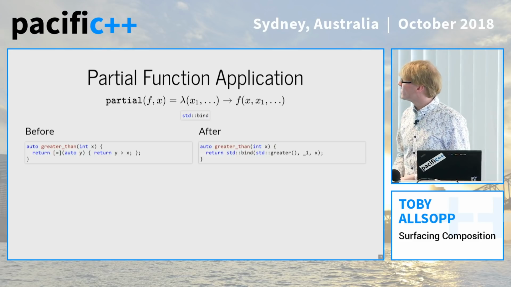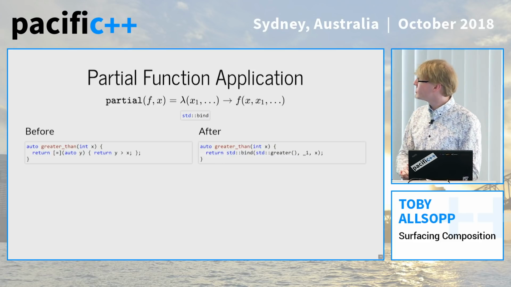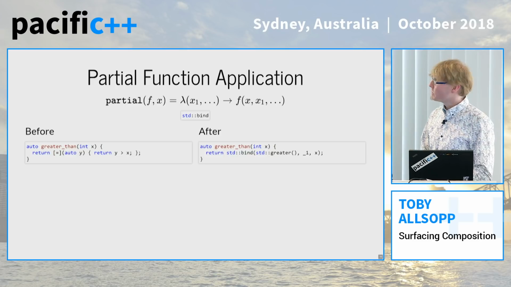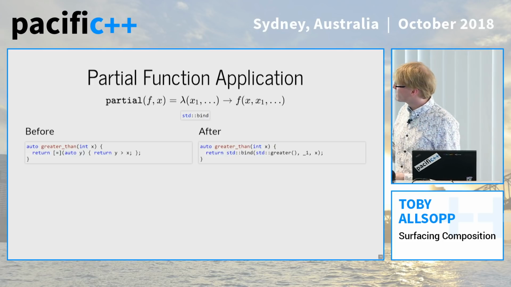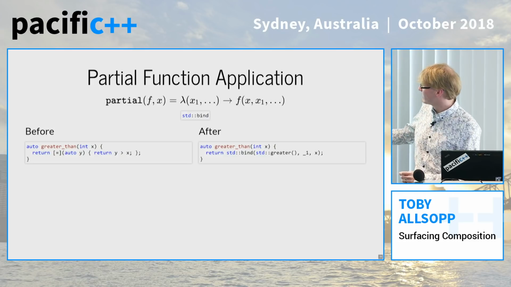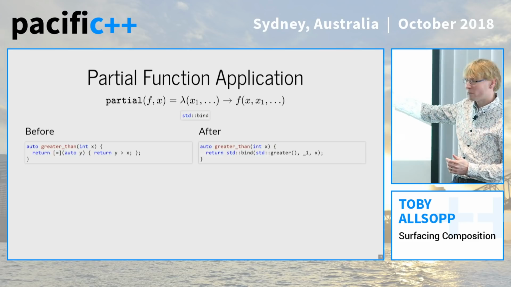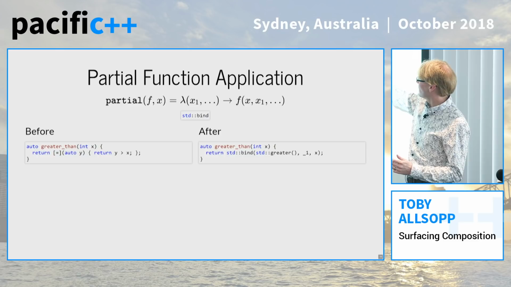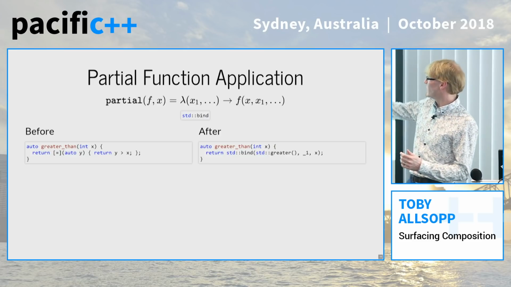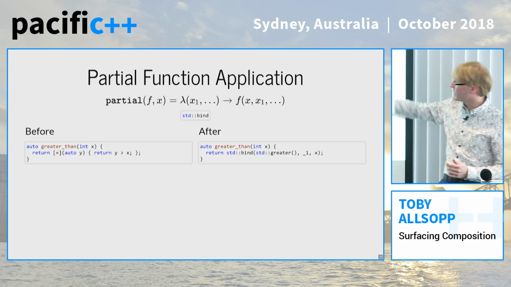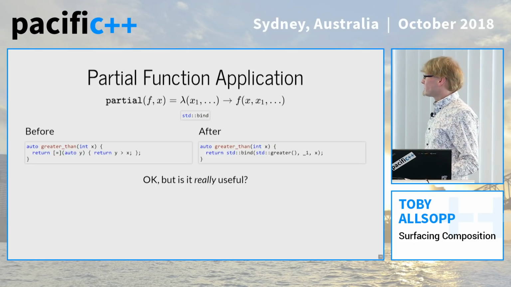We can use the handy standard function object called greater, which turns the greater than operator into a function that we can pass around, and we can use standard bind to essentially say standard bind is going to return us a function that takes one parameter, and the one parameter is going to go here as the first argument of greater, and then we're going to bind this x that we passed in here as the second parameter of greater.